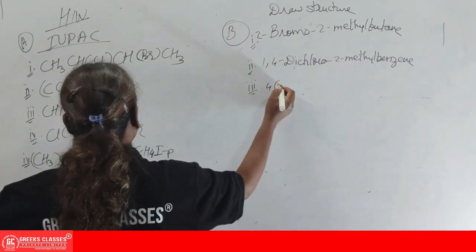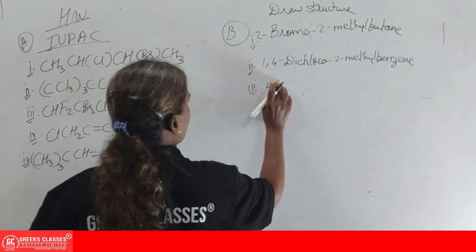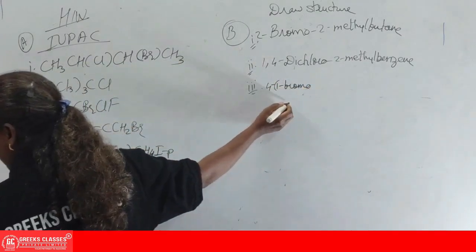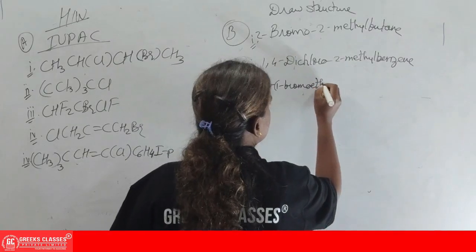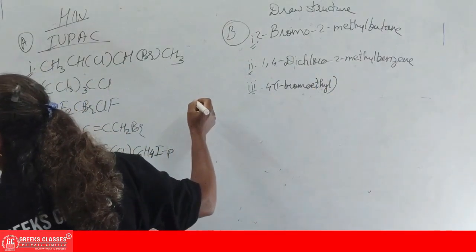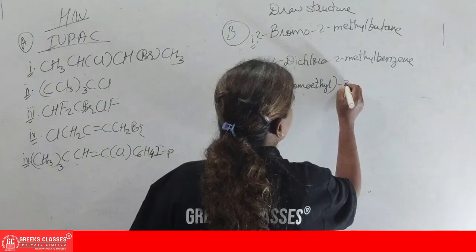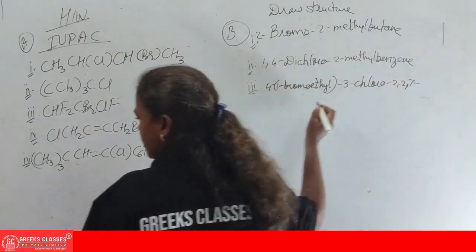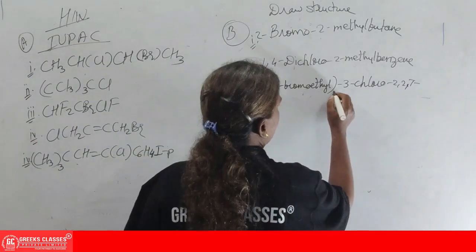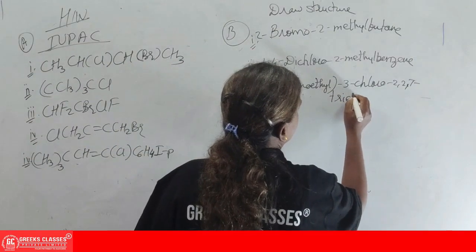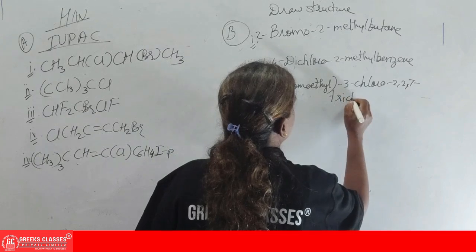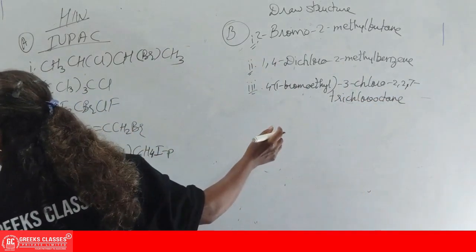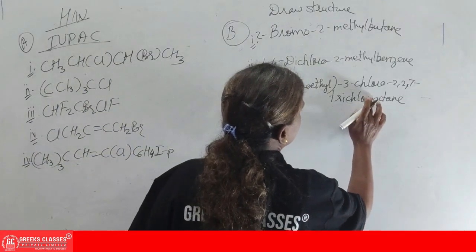Now take this one, a bit different one: 1-bromo-4-ethyl, this is in bracket, 3-chloro-2,2,7-trimethyl-octane. I'm continuing the name here: trichloro-octane, trimethyl-octane.